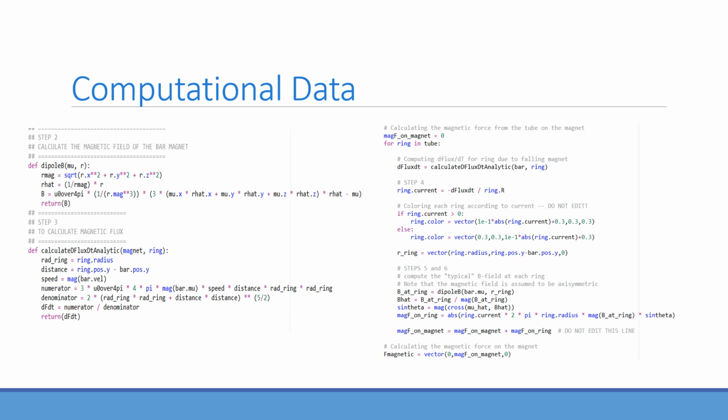Here's where we get into the kind of nitty-gritty of the code. So we have the function that calculates the magnetic field of the bar magnet on the top left using the Biot-Savart law. We have the function that calculates the magnetic flux using Faraday's law.